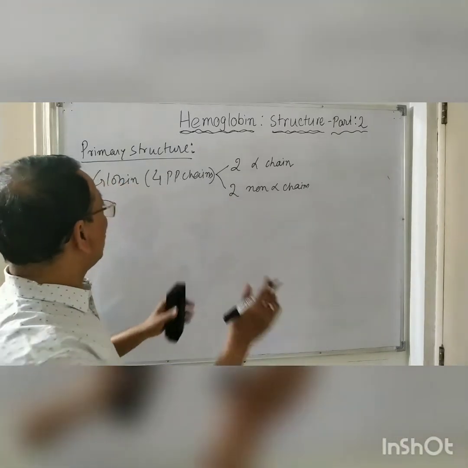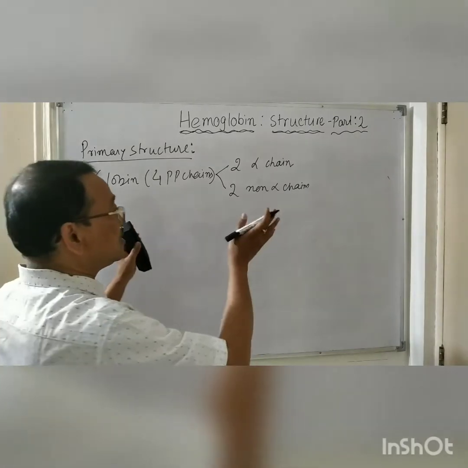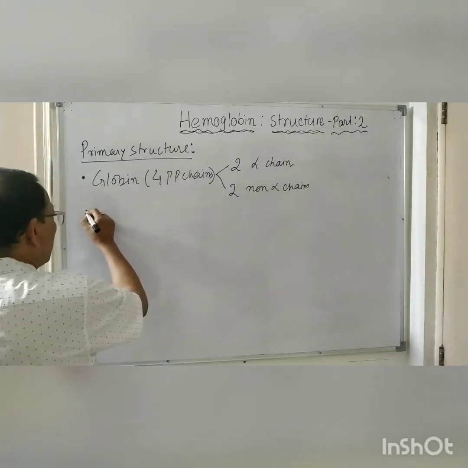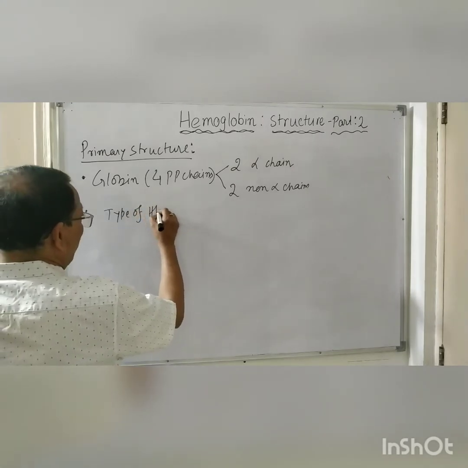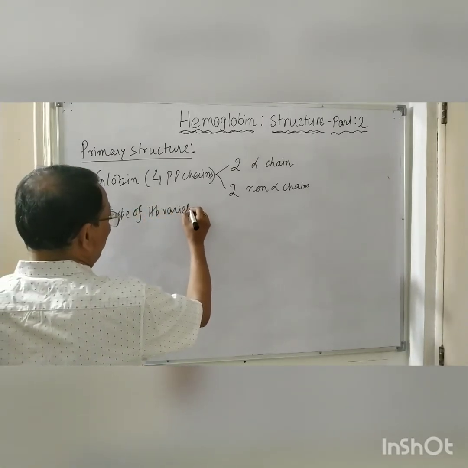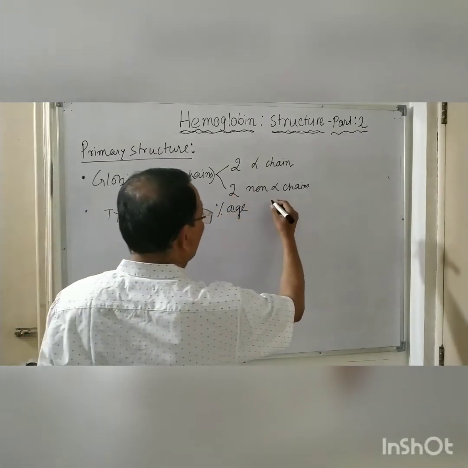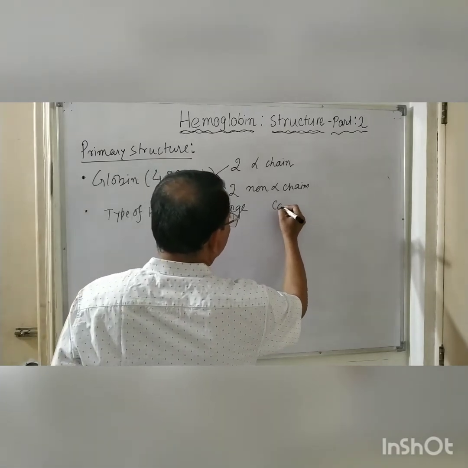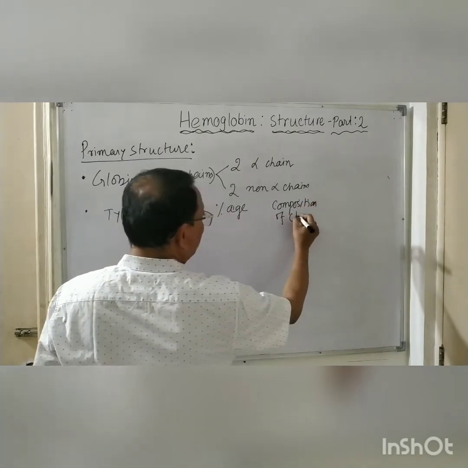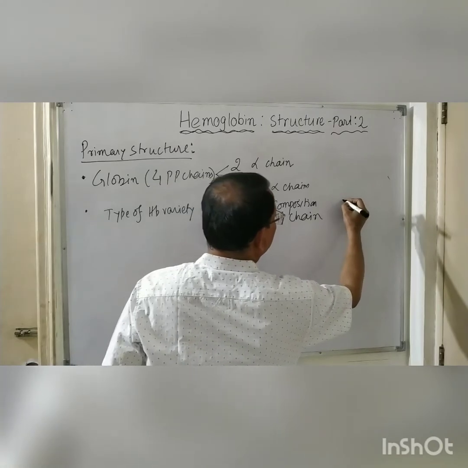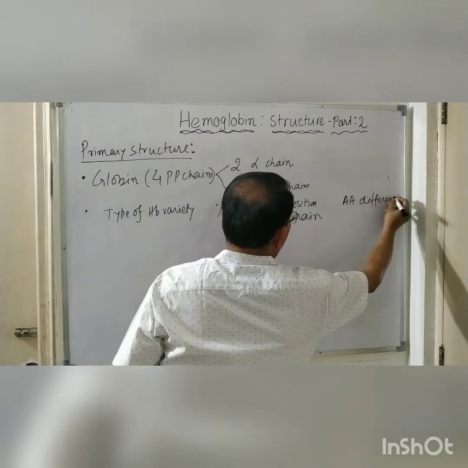So let us now see the difference of the different chains of the globin molecules under the primary structure. First is the type of hemoglobin varieties. Second is the percentage content at the time of birth. Next is the composition of the polypeptide chain, and lastly the difference of amino acids in the chain.